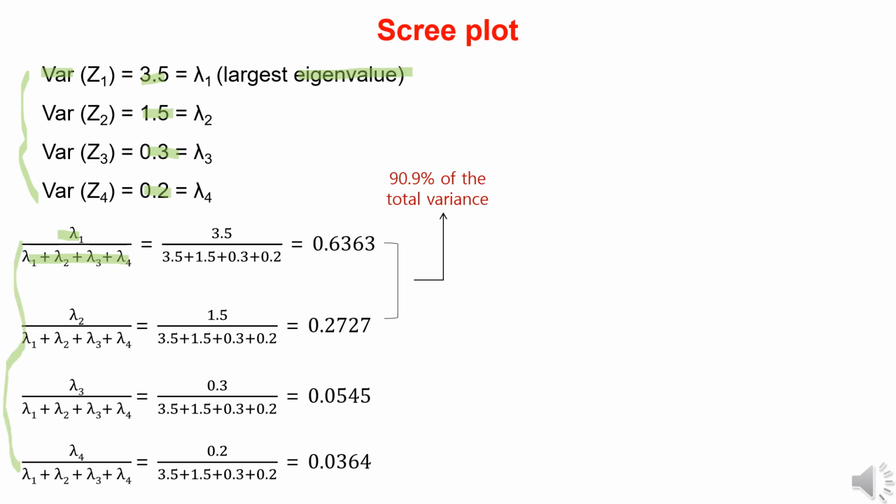Z1 explains approximately 63% of the total variance, Z2 explains around 27% of the total variance, and when combined, they account for 90.9% of the total variance.